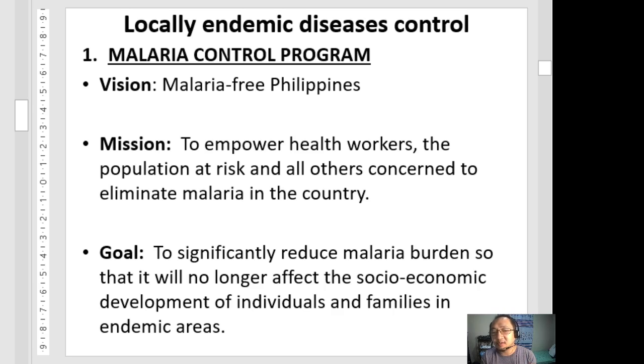We have Plasmodium vivax, Plasmodium ovale, Plasmodium falciparum, and Plasmodium malariae. And considering the four, falciparum is, let's say, the most fatal one.